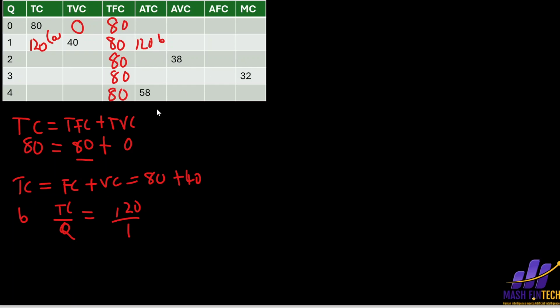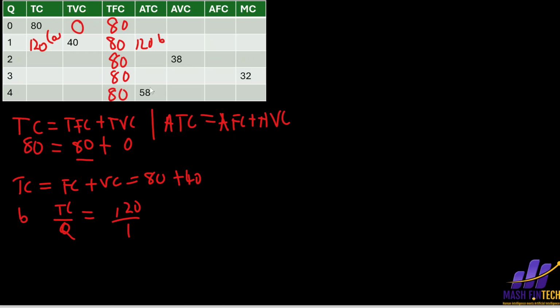And then you can use this formula to get the averages as well. There are many approaches of doing this, but if the total cost is equal to the total fixed cost plus total variable cost, then the average total cost is equal to the average fixed cost plus average variable cost.